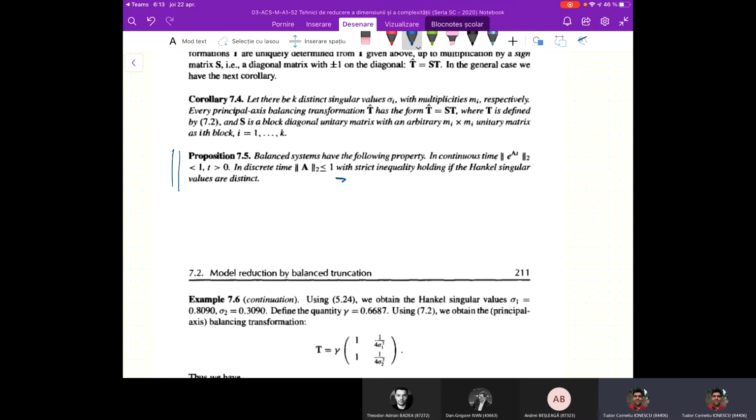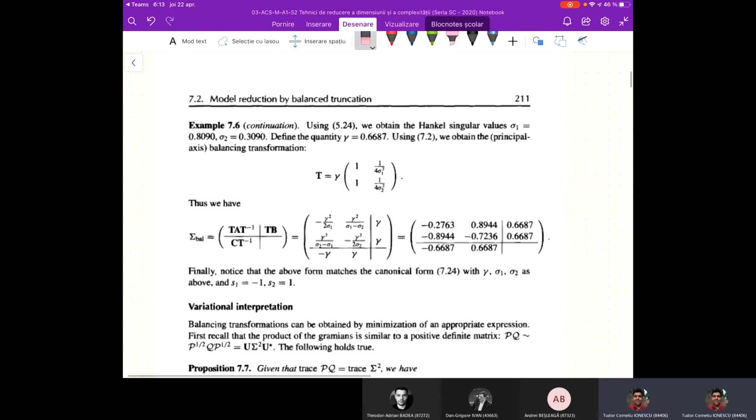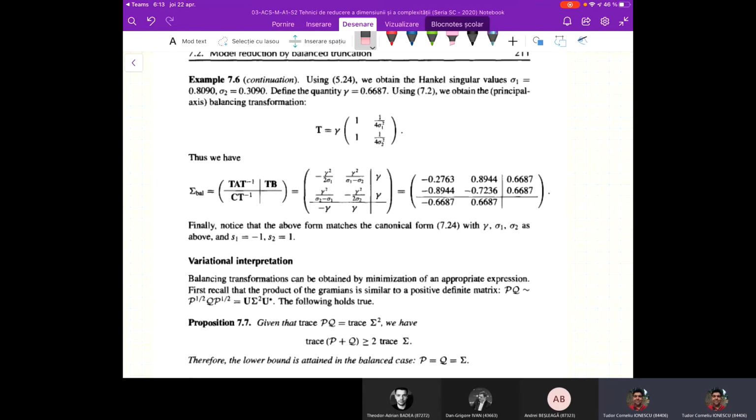In discrete time, this relates to the 2-norm of the matrix A, which is less than or equal to 1, a strict inequality. So this is less than 1 if the Hankel singular values are distinct, and they usually are.